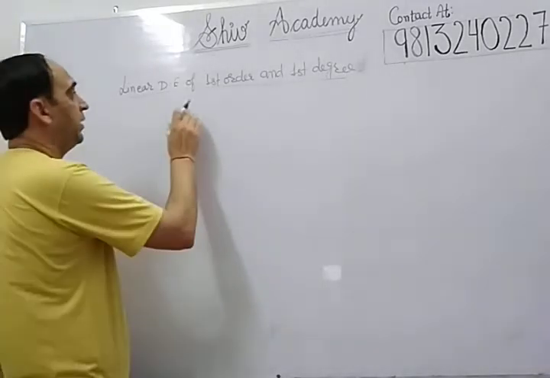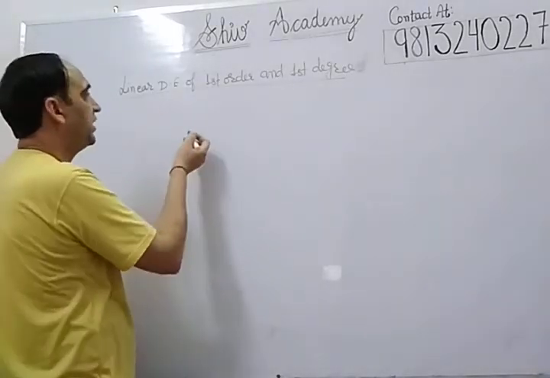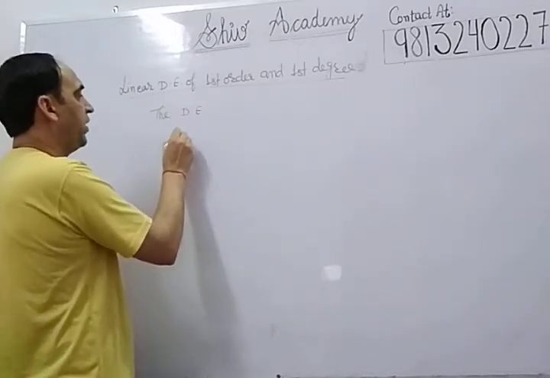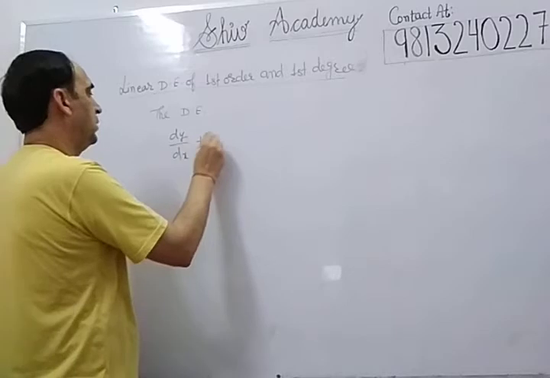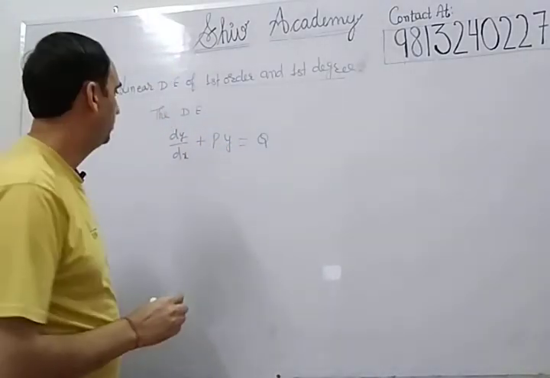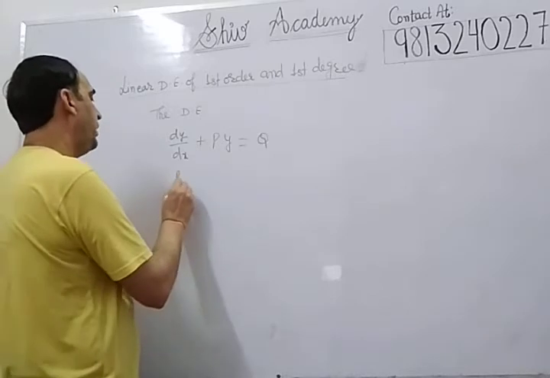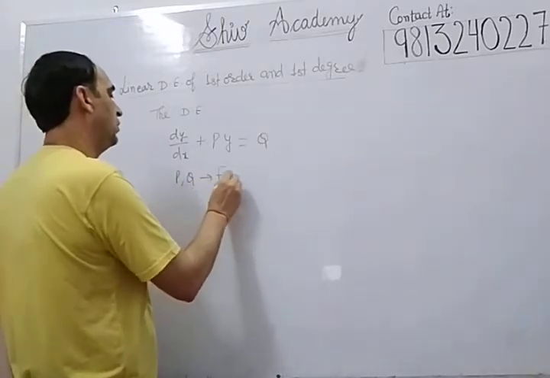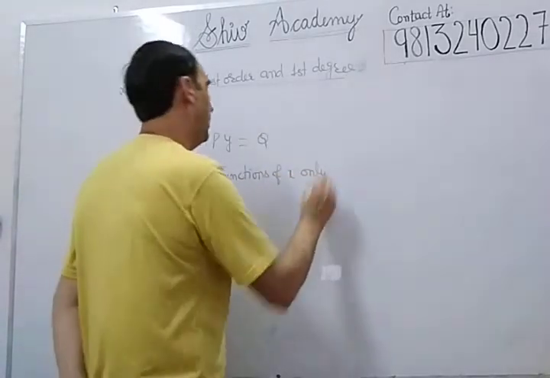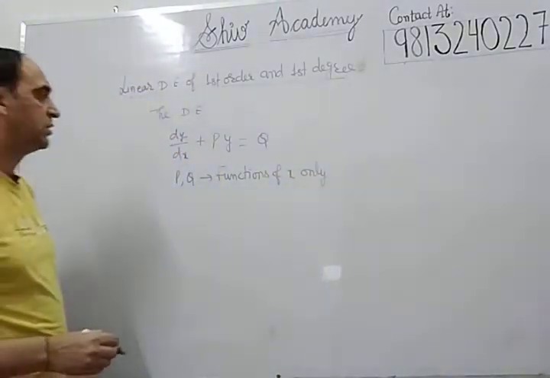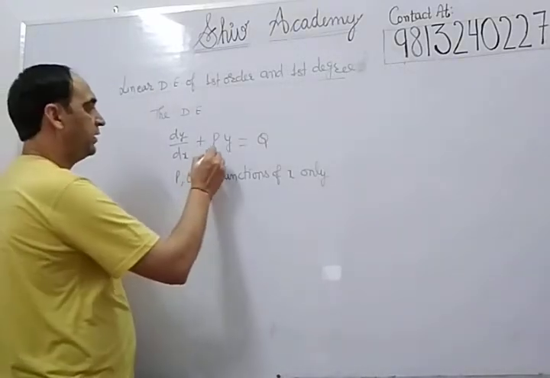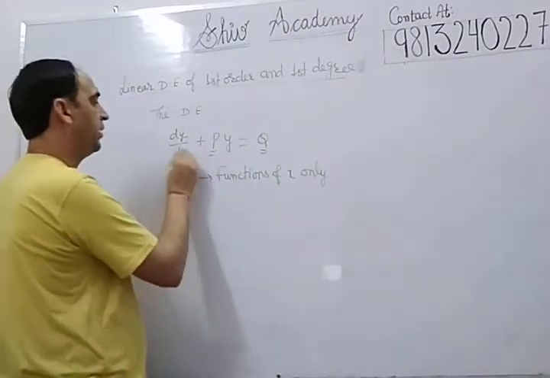The equation, or you say the differential equation, dy by dx plus py is equal to q. Here p and q are functions of x only. Then such kind of equation is known as the linear differential equation of first order and first degree. Clear? Keep in mind that these p and q are the functions of the independent variable.